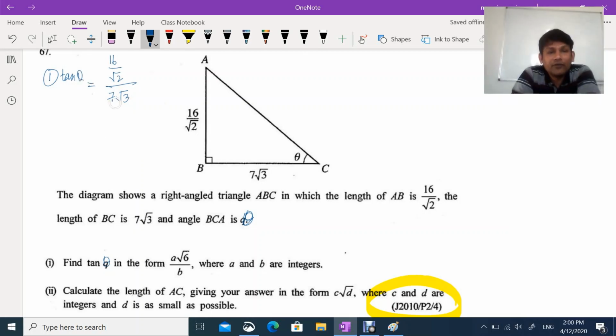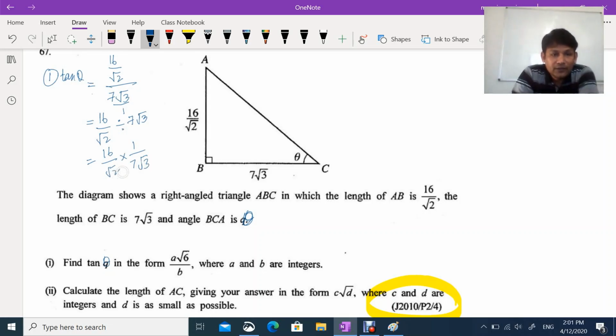Now what we have to do, we have to write like this. Before that, I will convert this 16 upon under root 2. When I write here multiply, because this here is 1, to make your work easy, you can write like this. After that you can write under root 2 and multiply 1 upon 7 under root 3.